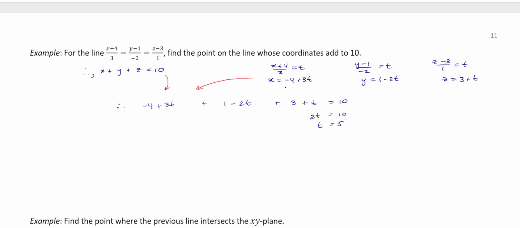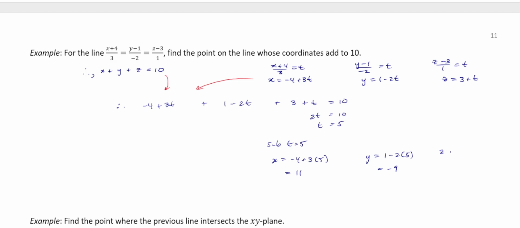So now that I know that t is equal to 5, I can say, all right, sub t is equal to 5. And I can say x is equal to -4 plus 3 times 5. So then x is equal to 11. Y is equal to 1 minus 2 times 5, which is equal to -9.